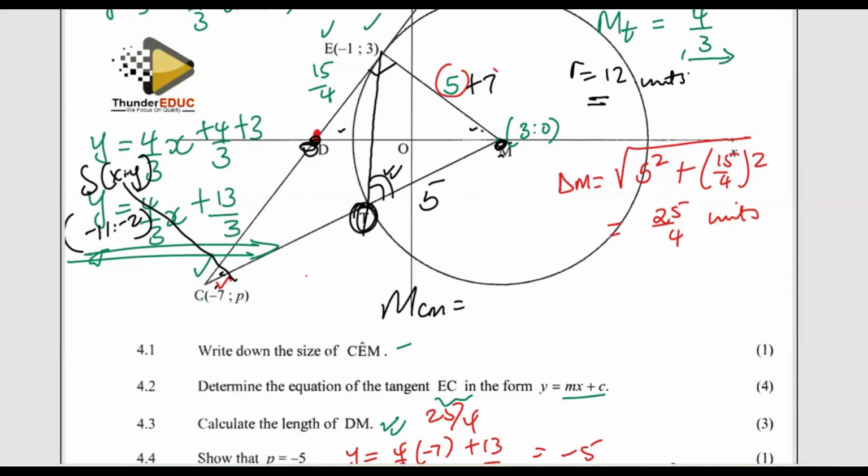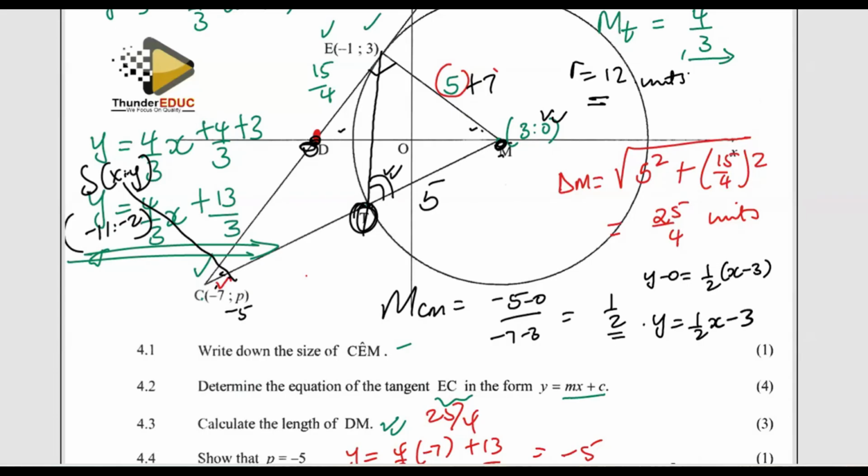Guys, if you worked this out in a shorter way, please help us. So that's going to be -5 minus 0 over -7 minus 3, which gives us a positive half. So if it's a positive half and then we use this point, it's going to be y minus 0 is equal to a half into x minus 3. Meaning that our equation is y equals a half of (x minus 3).